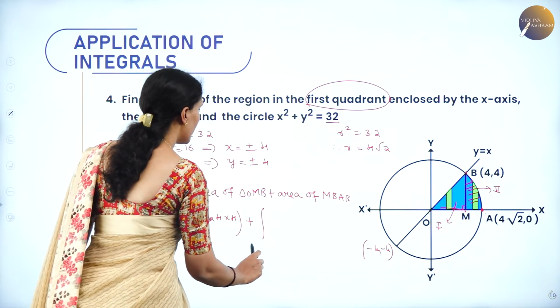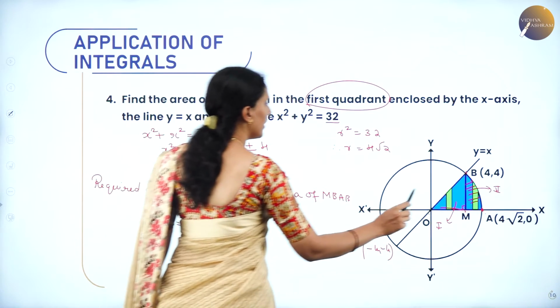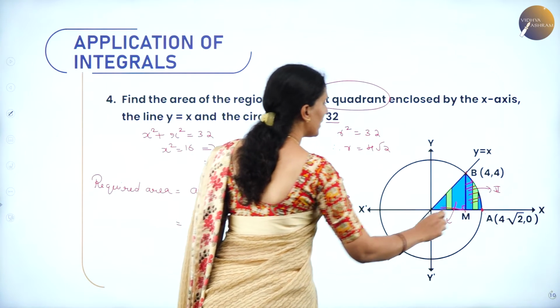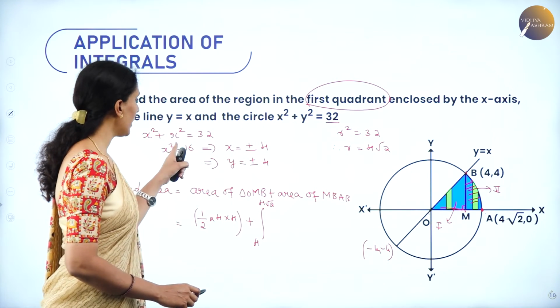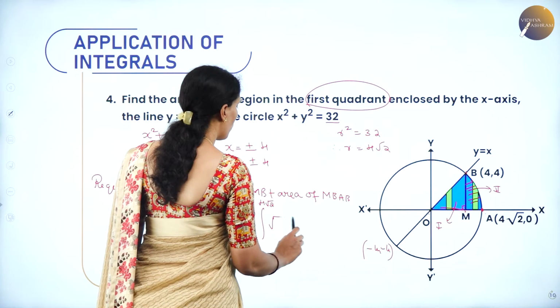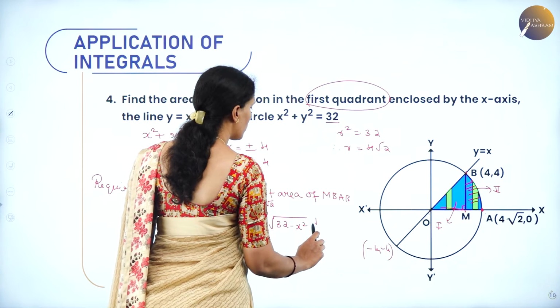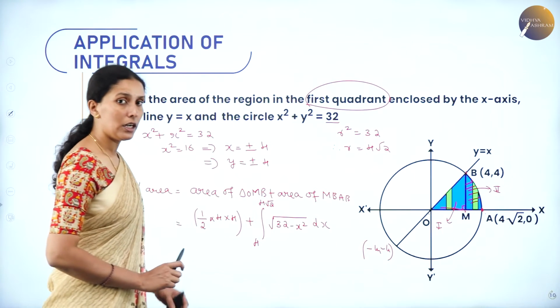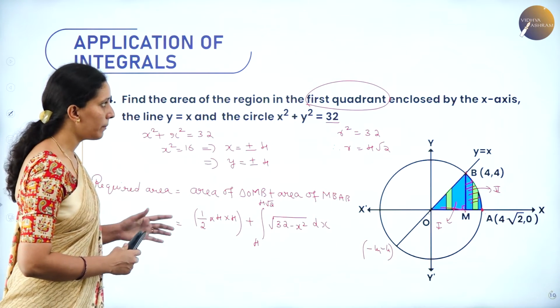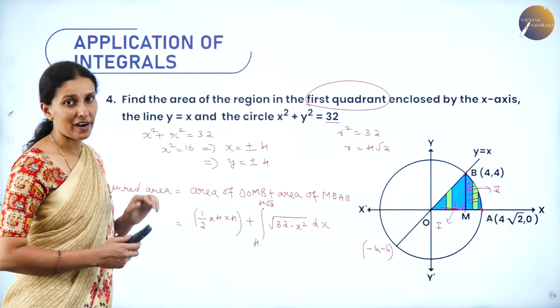Therefore here it becomes 4 to 4 root 2, and this is the area bounded by the circle, and hence we will take this circle, that is square root of 32 minus x square into dx. So this is the total area bounded by the region, circle and the line in the first quadrant.